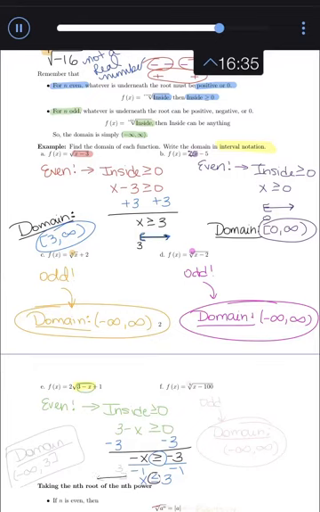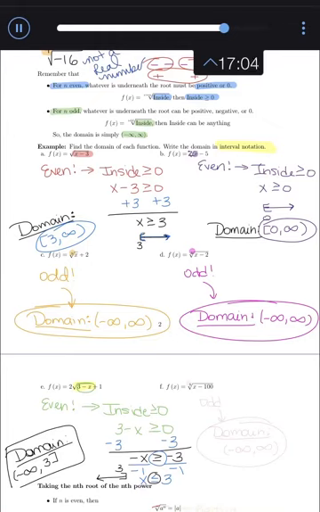Before it was a greater than, now it's a less than. It's still an equal to, though, so it'll still be a bracket here at 3. It's just pointing towards negative infinity now, not positive infinity. So when I write out my domain now, it will start with the negative infinity side, and we'll end at positive 3 with a bracket.